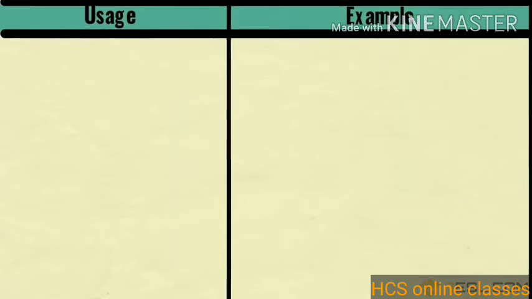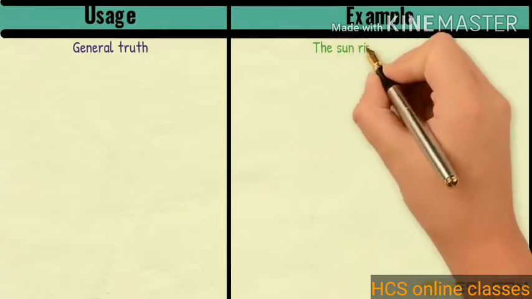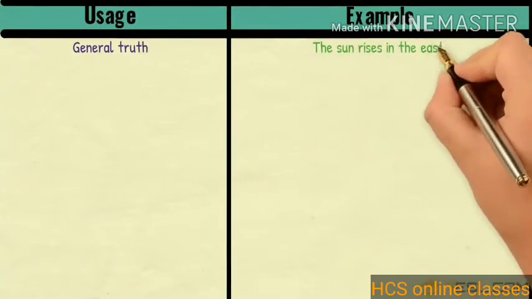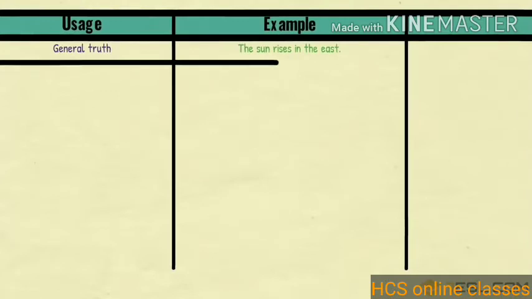Now, children, let us discuss simple present tense usage with examples. Simple present tense is used to express scientific facts and general truth. For example, the sun rises in the east.